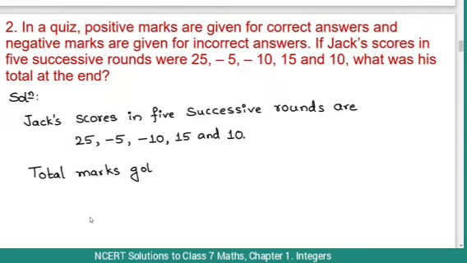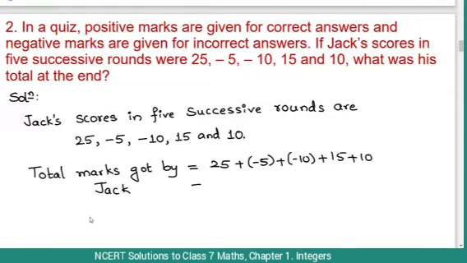Total marks got by Jack. How are you going to find this? Add all the 5 round marks. 25 plus of minus 5 plus minus 10 plus 15 plus 10. So this is 25 minus 15 plus 25, which is equal to 35.